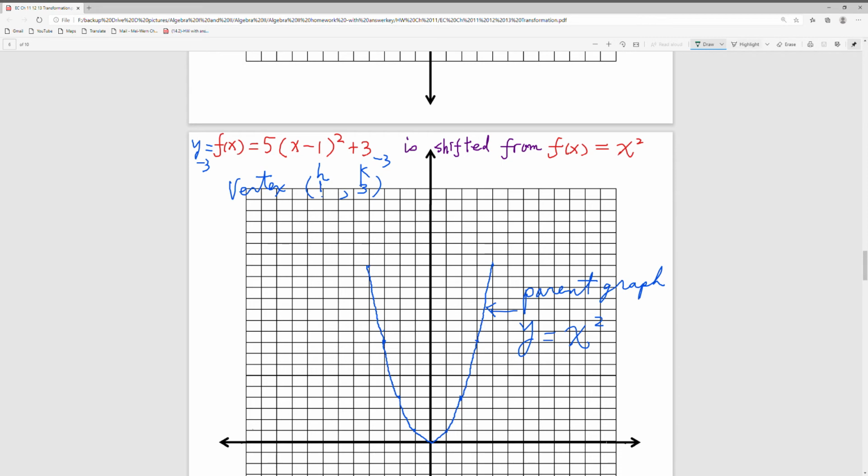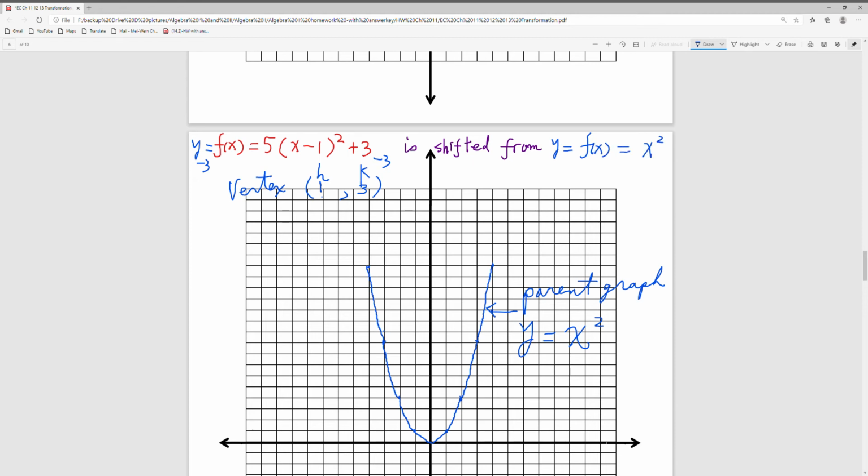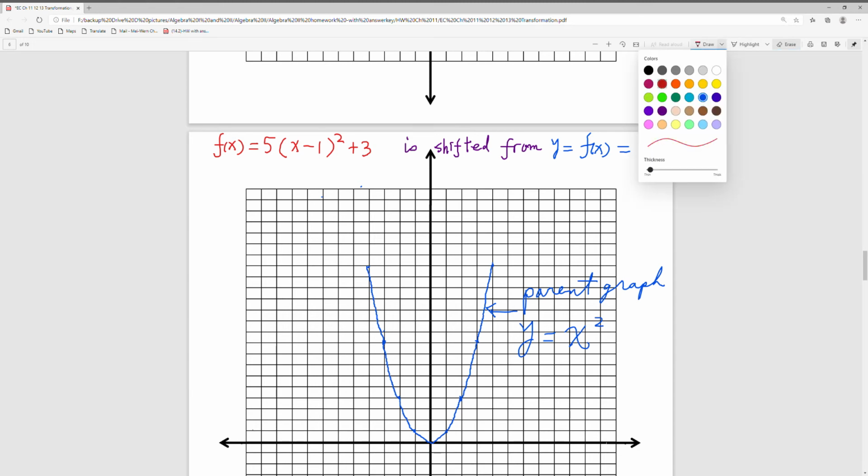So our parent's graph, let me change it to blue color. So we have the graph for the parent's graph here. Okay.